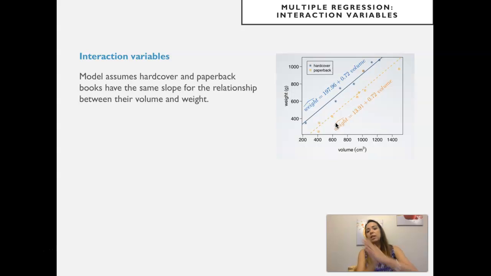We can imagine a line of more or less the same slope being fit to these two data sets, both hardcover and paperback covers. So the model assumes that they have the same slope for the relationship between volume and weight. And it's a reasonable assumption given our exploration of the data to begin with.